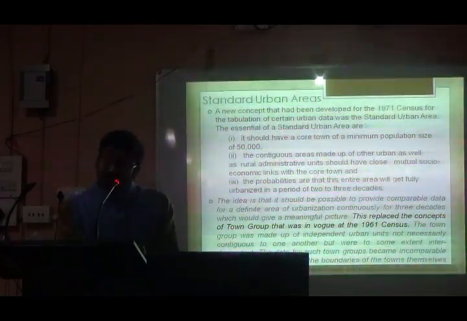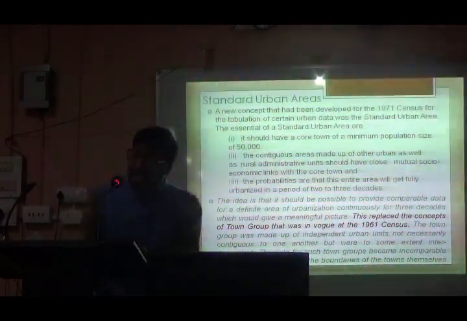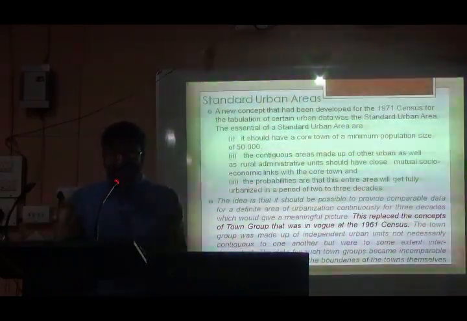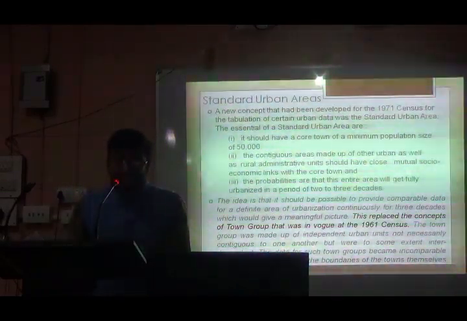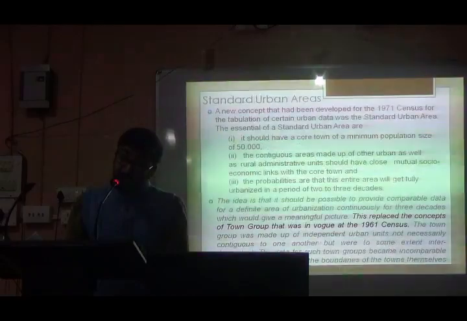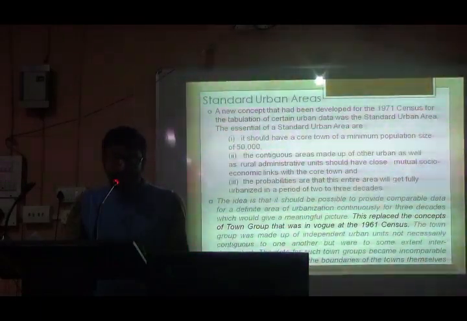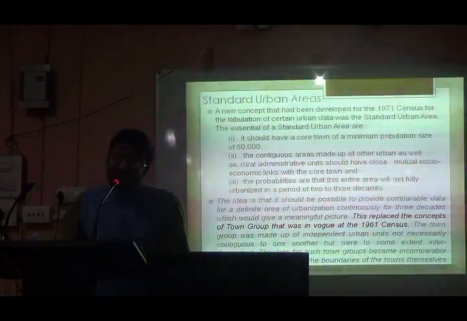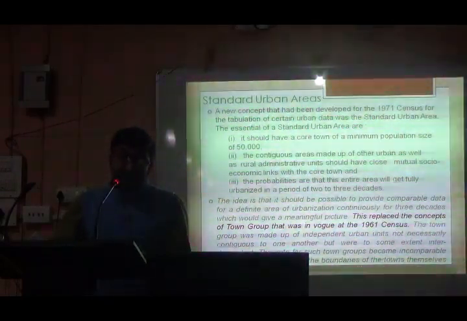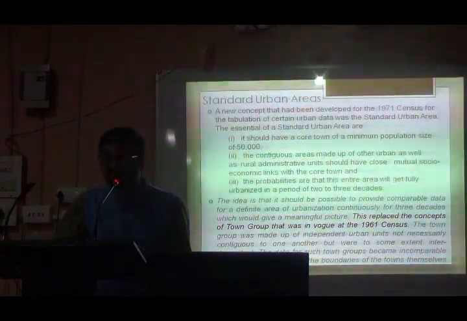Then the next criterion is contiguous areas made up of other urban as well as rural administrative units. But there is a condition. The condition is that there must be some probability that the entire area will become fully urbanized in a period of 20 or 30 years.